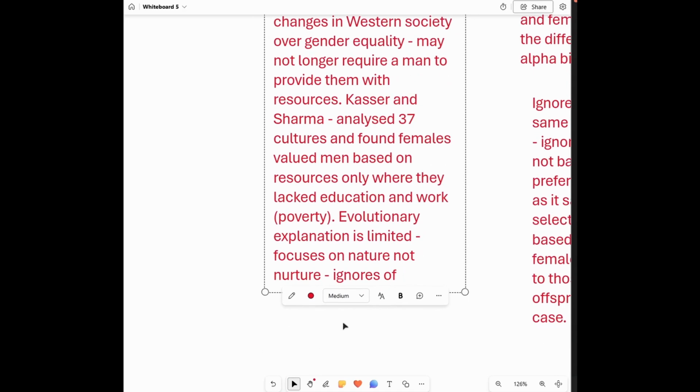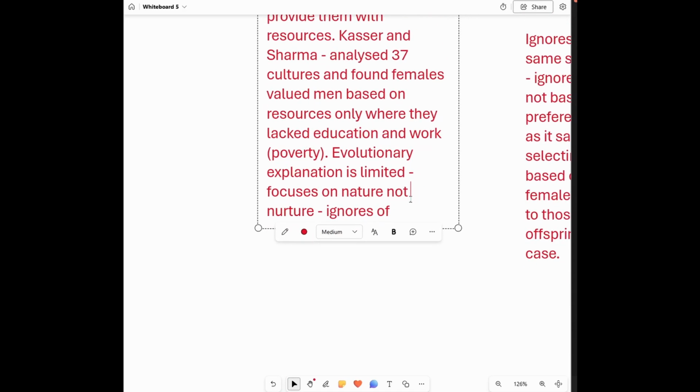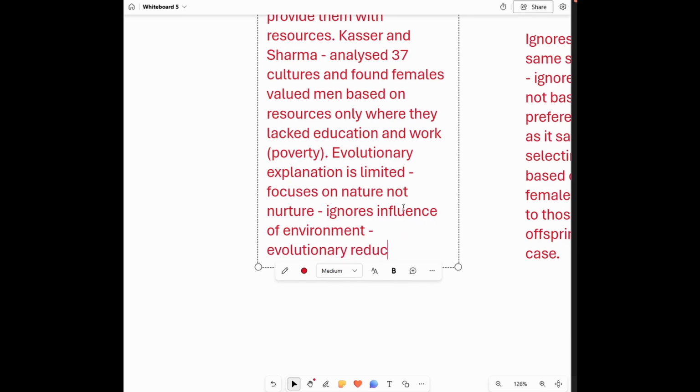That has a big impact, which is another subtopic. It ignores the influence of the environment, and therefore it is evolutionary reductionist, slash deterministic. I think it's basically the same thing.